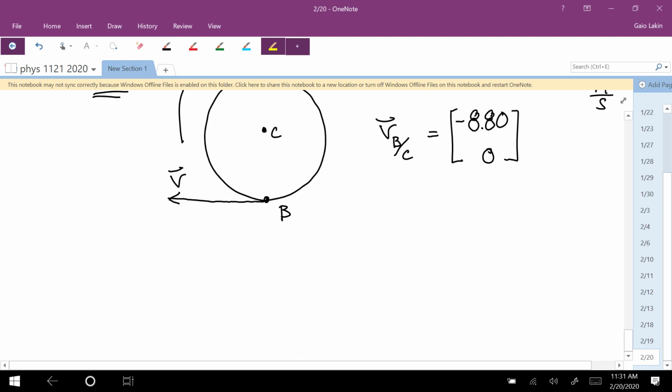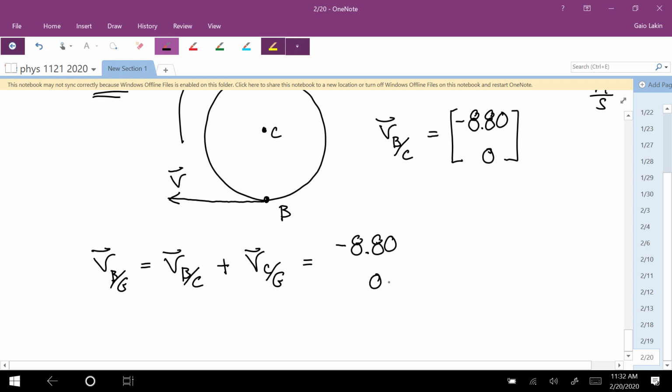And so now when we go back to the relative motion equation, the velocity of the bottom relative to the ground is equal to the velocity of the bottom relative to the center plus the velocity of the center relative to the ground. We get negative 8.80 plus positive 8.80.